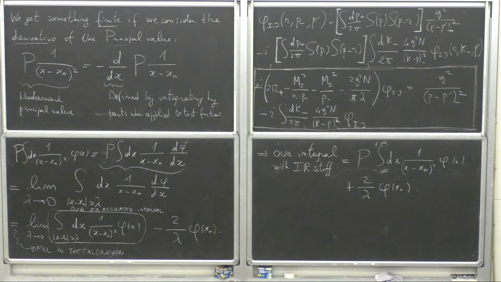Okay, so we extracted the finite piece. Okay, the chalk is gone. We extracted the finite piece and the IR divergent one.